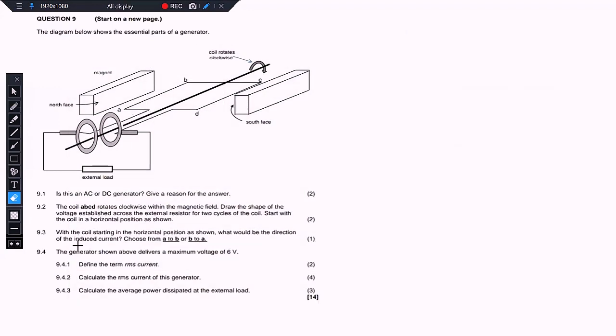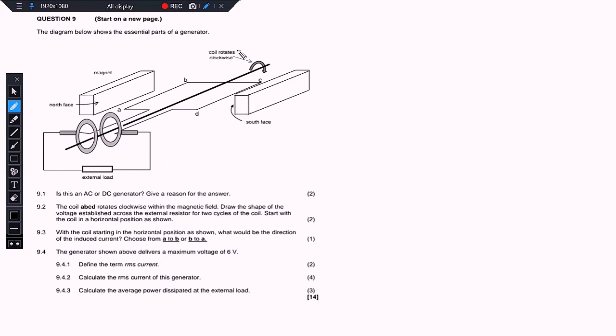9.3 says, with the coil starting in the horizontal position as shown, what would be the direction of the induced current? Choose from A to B or B to A, right? So with this one, again, we know when it comes to a generator, we said that the direction of rotation of the coil is in the same direction as the flow of current.